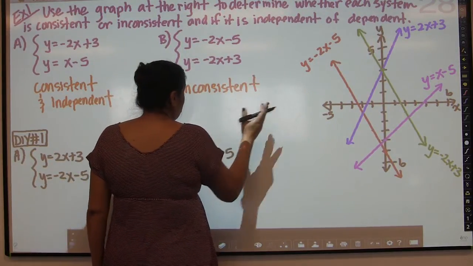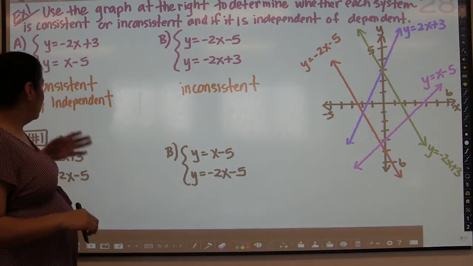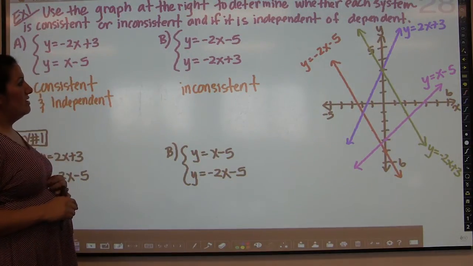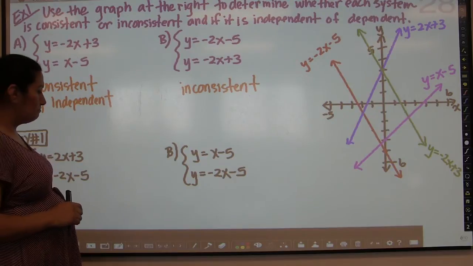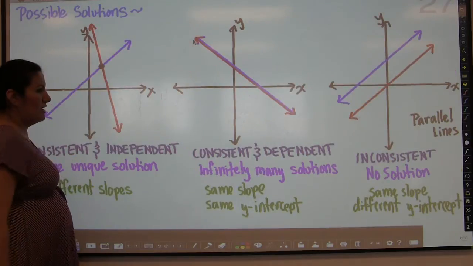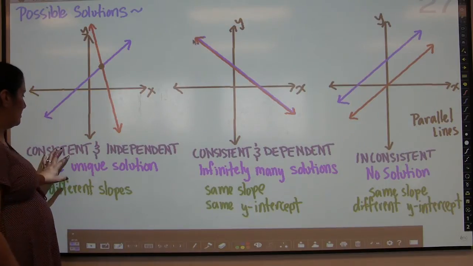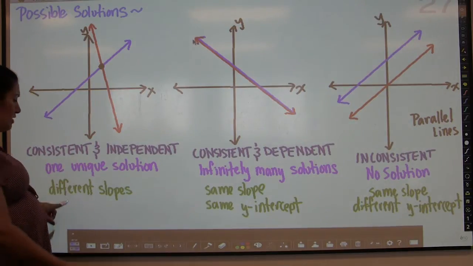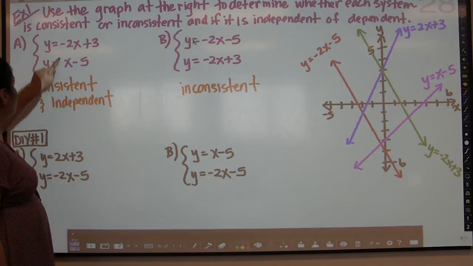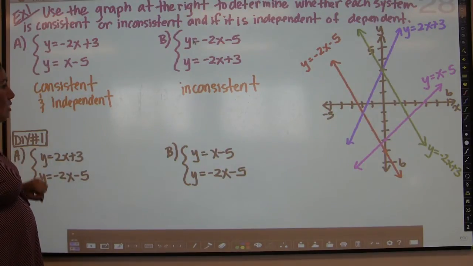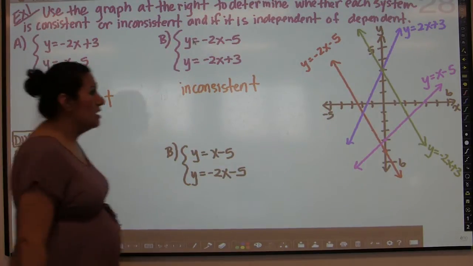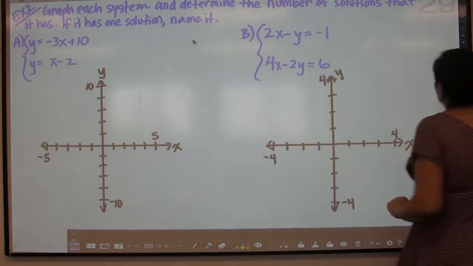Had they been the same line, then you would put consistent and dependent. But in this case, it's inconsistent. All right, and that's again based off of this information. All right, we can also see from the consistent and independent that you're supposed to have different slopes. And when we look at these two, they do have different slopes, so it all works out. So now I want you to try to do yourself number 1, and then we will go on to our next example.